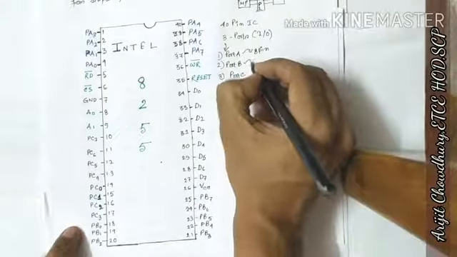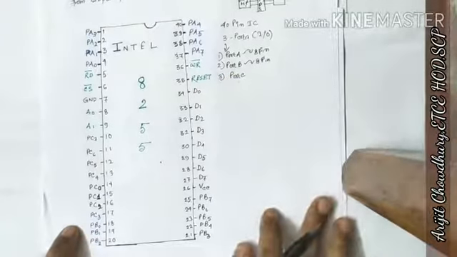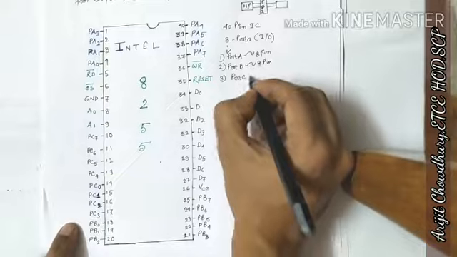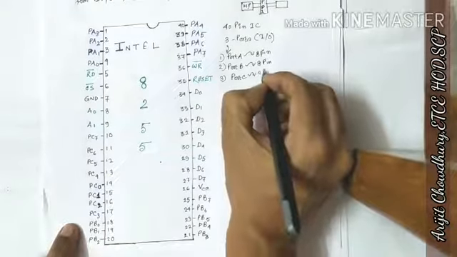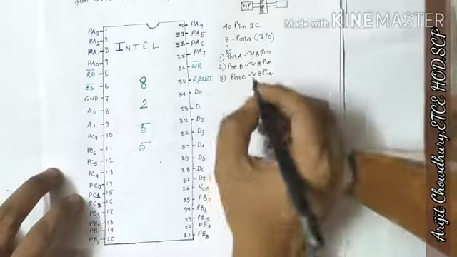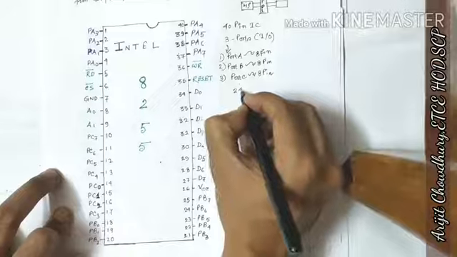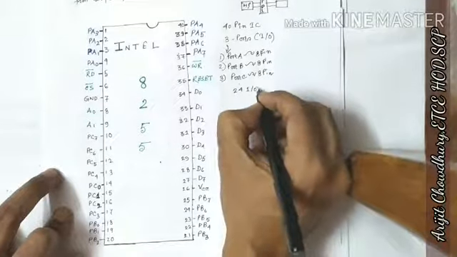Port B also has 8 pins. Port C also has 8 pins. So the total number of input output pins is 24.